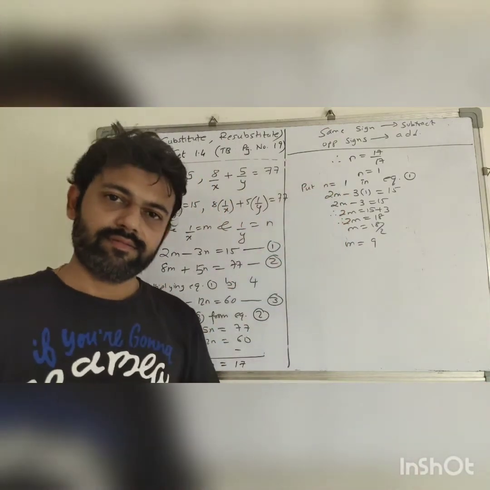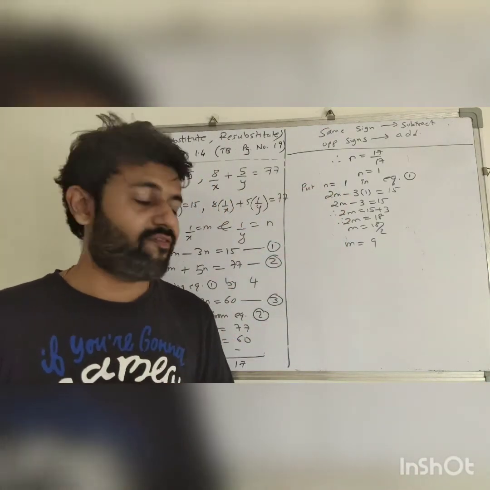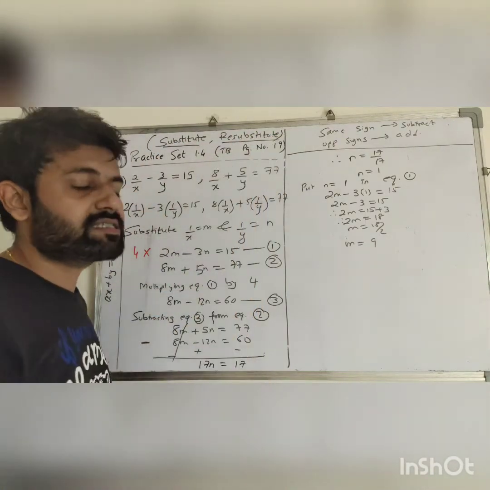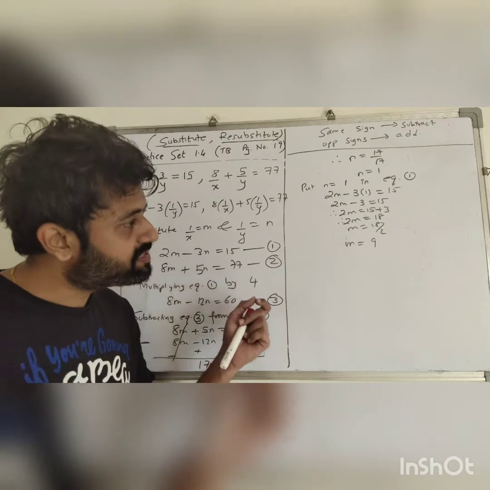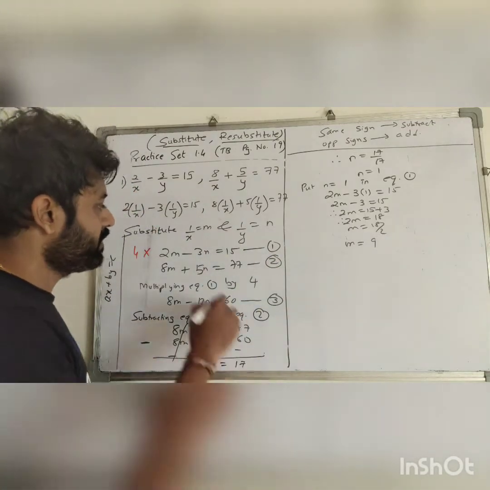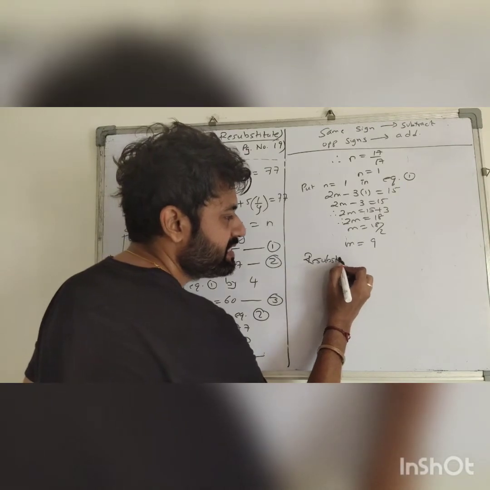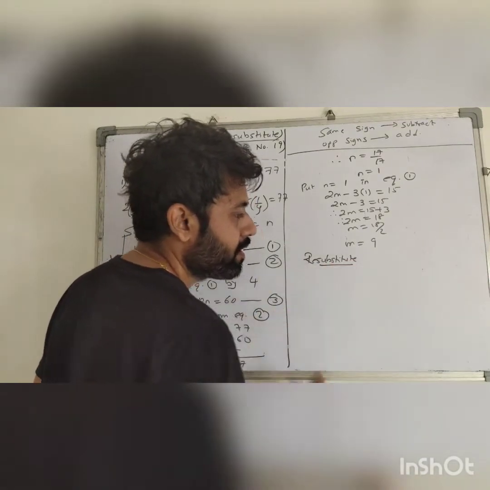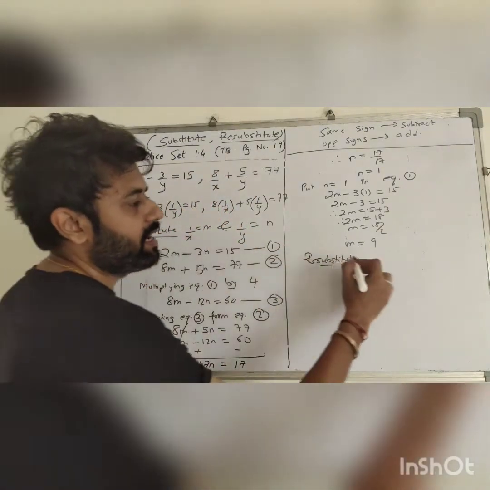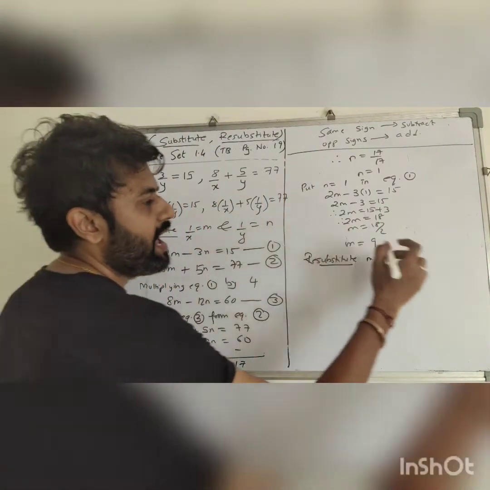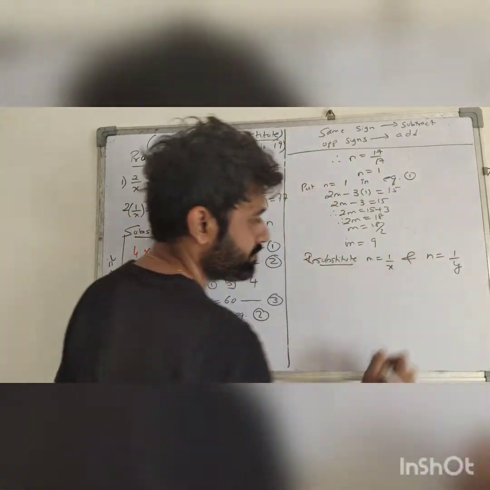1 and 9, they are not our final answers. Remember, our topic today is called substitute, resubstitute. Substitute is done. Now let us resubstitute. Resubstitute means write the reverse. m is equal to 1 upon x and n is equal to 1 upon y.